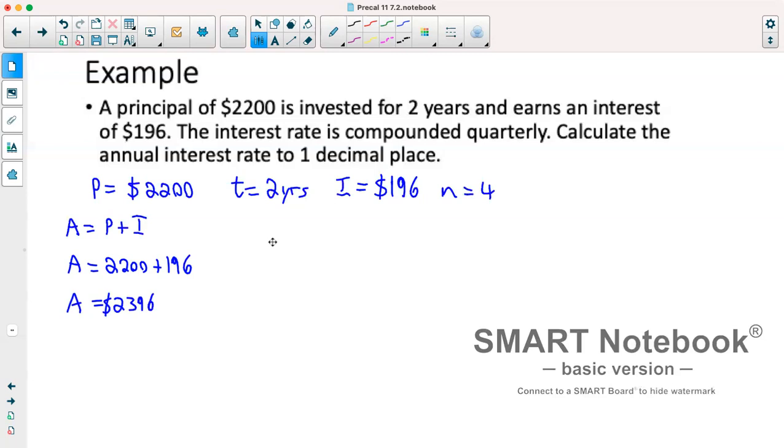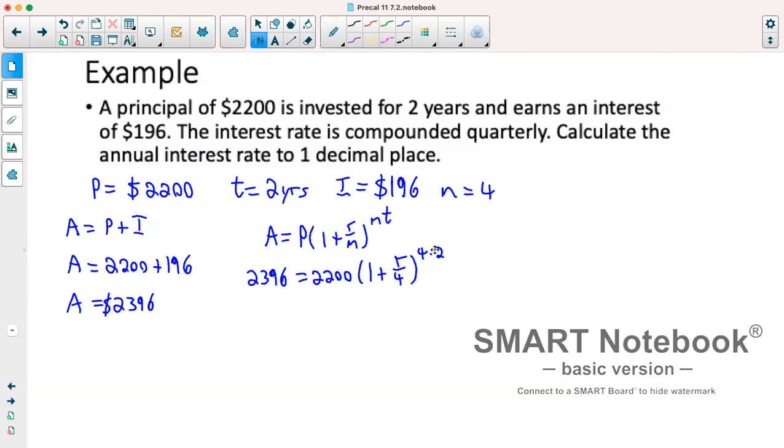And now we can use A is equal to P times 1 plus r over n to the power of nt. So we'll fill in the information that we have. So we have 2,396 is equal to 2,200 times 1 plus r over 4 to the power of 4 times 2.